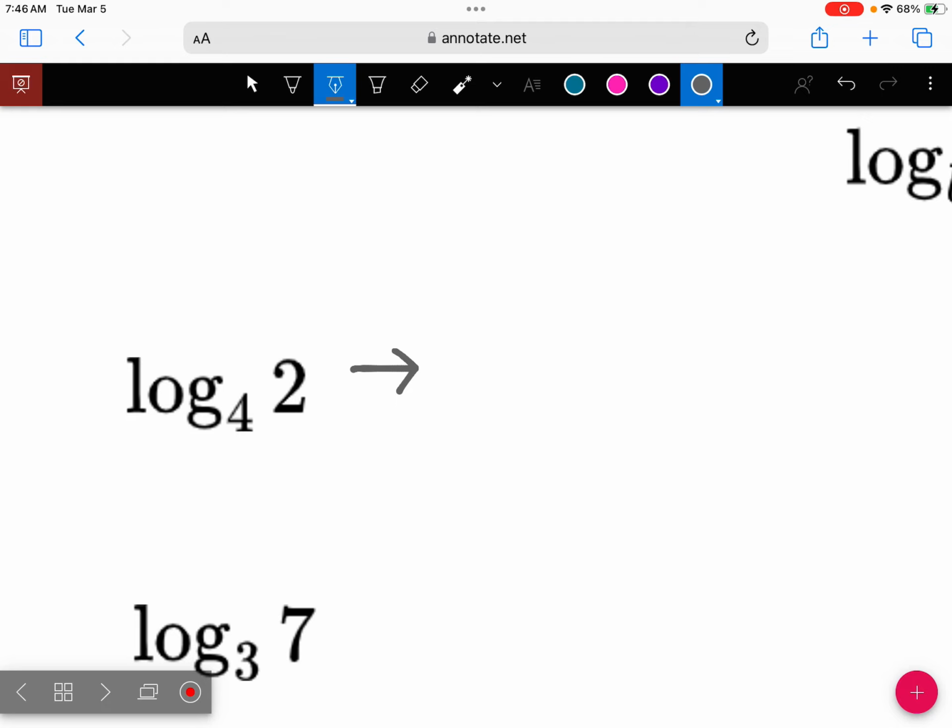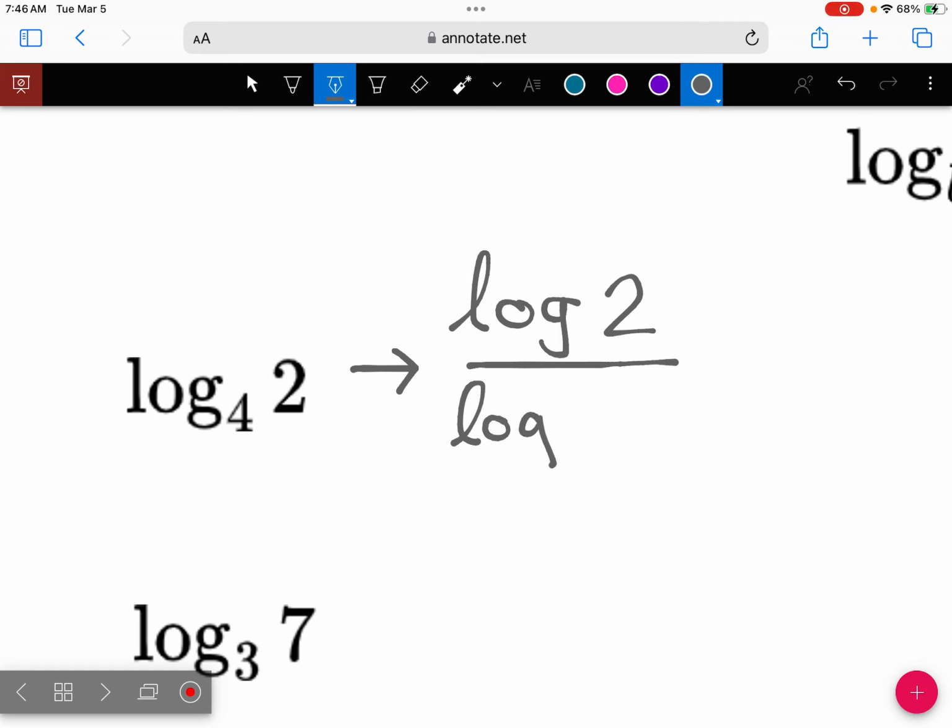Let's rewrite this using our change of base formula. What's going to go on the top? Log of 2. What goes on the bottom? Log of 4. So we're using the common log on this one.